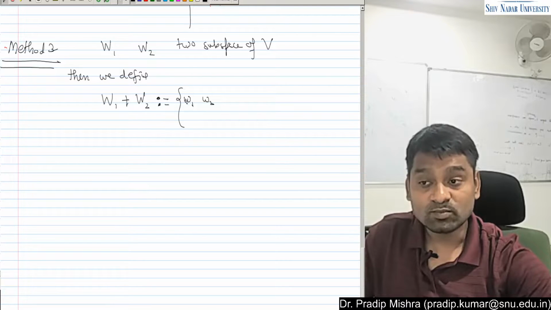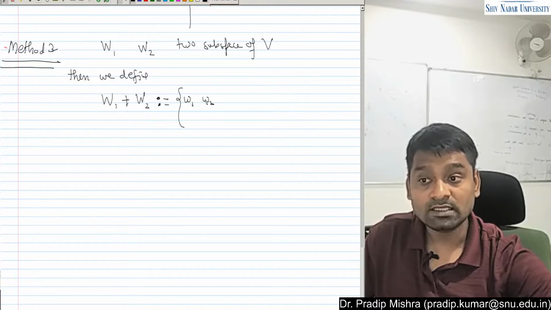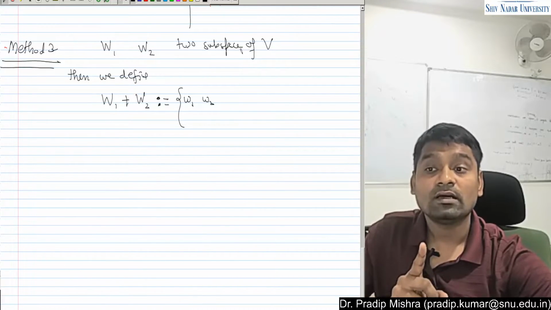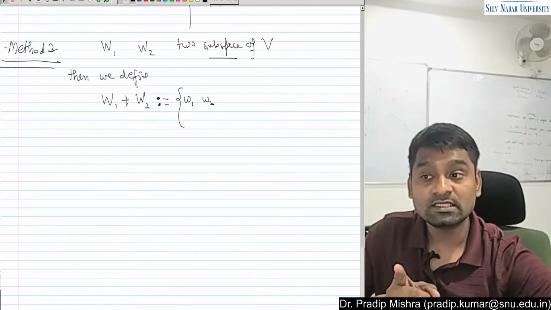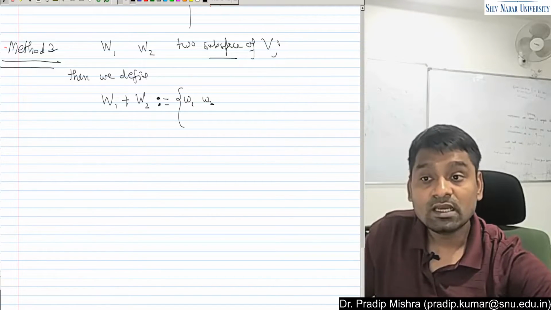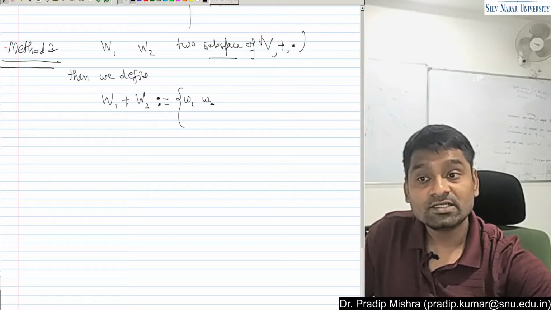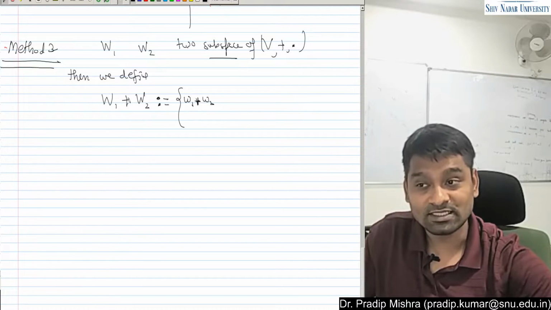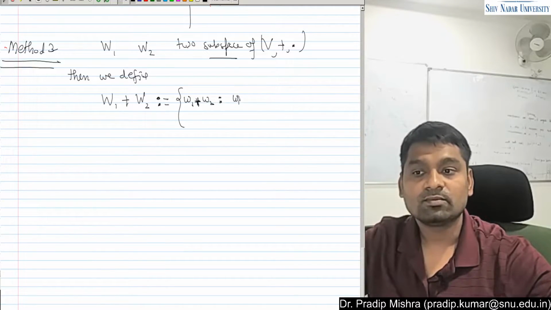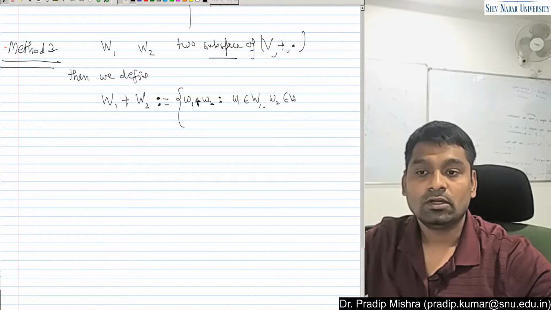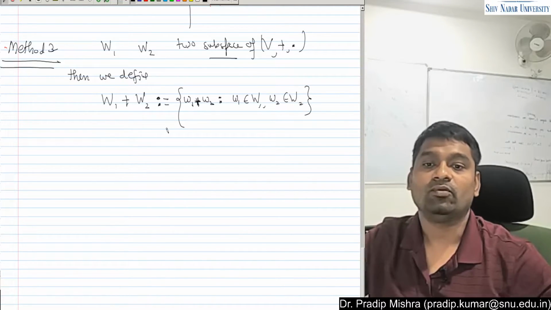But W1 and W2 are subspaces, so small w1 and small w2 are elements of V, and V is a vector space, so there is a vector addition and you can add these two elements. So W1 + W2 = {w1 + w2 : w1 belongs to W1, w2 belongs to W2}.